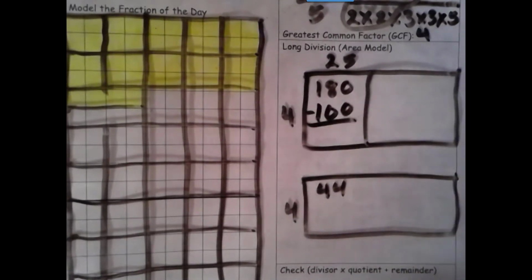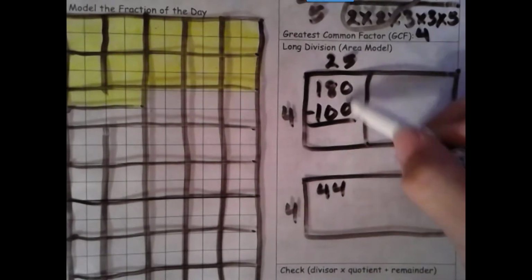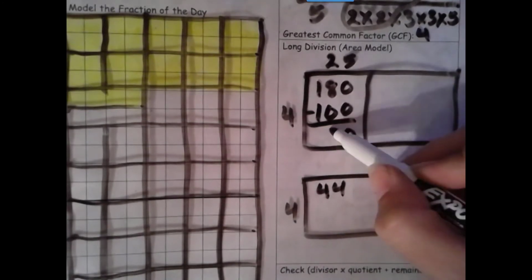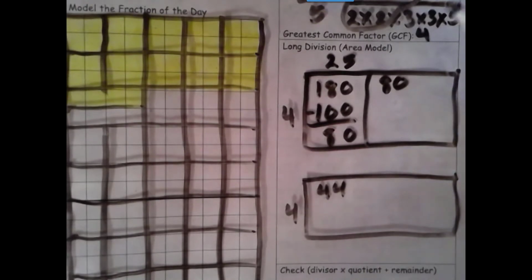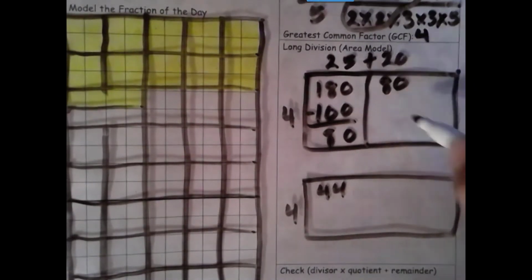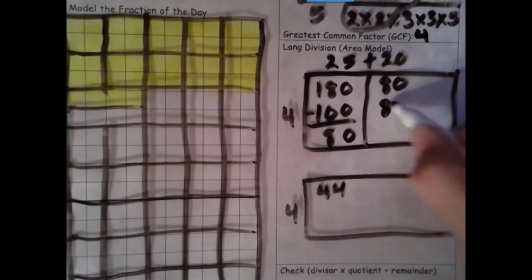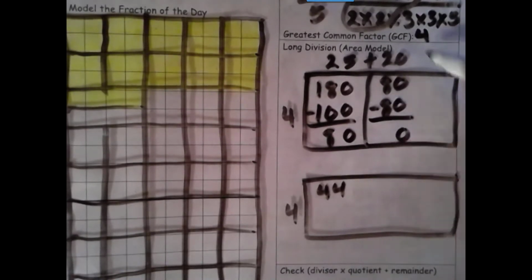So 4 times 25 is 100. Number's the same, zeros a game, more on top, no need to stop. Bring that 80 up here, and then 20 times 4 is 80. Number's the same, zeros a game. 25 plus 20 is 45.